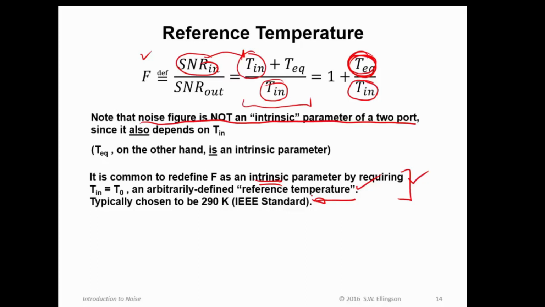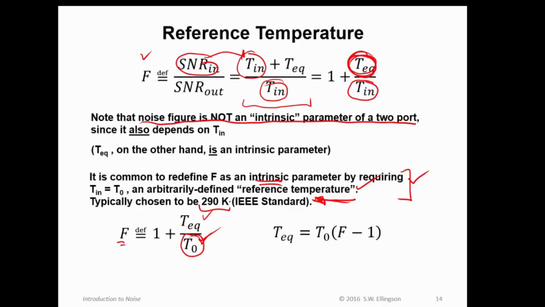That is the IEEE standard. But again, it could be defined to be any value. There are many ways to define the reference temperature, but the vast majority of the time it's defined to be 290 K. So now I can rewrite noise figure as 1 plus TEQ over the reference temperature. And then I have to say what the reference temperature is.